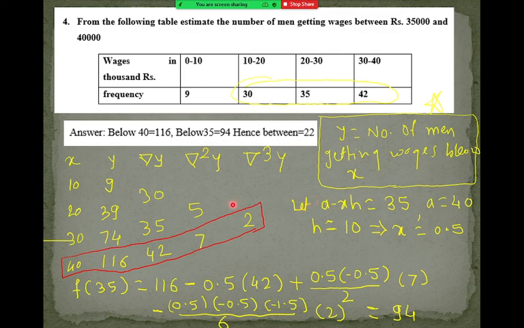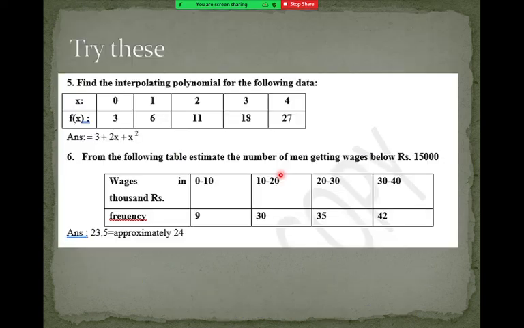So today mainly we learned about this backward interpolation. I think there is one more question, because we have not seen a question where we obtained the interpolating polynomial. Let me check. No, it's not here, but you can try this example as an exercise.